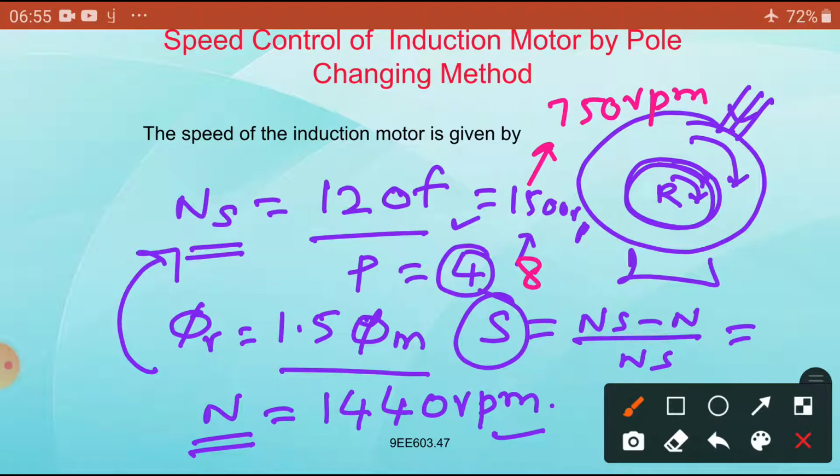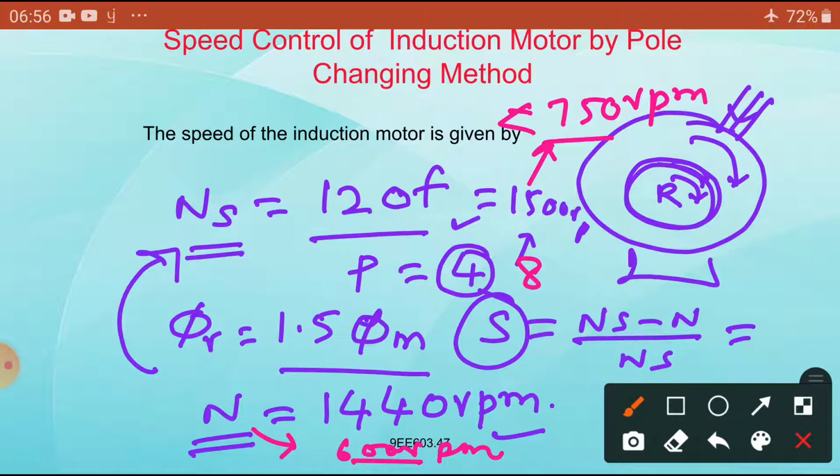Then automatically the rotor speed is decreased to less than 750 rpm. It may be 600 rpm. The rotor speed is 600 rpm, whereas the synchronous speed is 750 rpm.